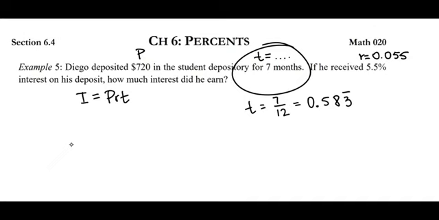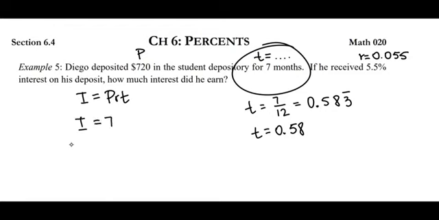When we drop that into the problem, I'm only going to use the first 2 decimal places, so I'm not going to worry about that 3. So T equals 0.58. That's the number I'm going to use. I do not have the interest; that's what I'm finding out.